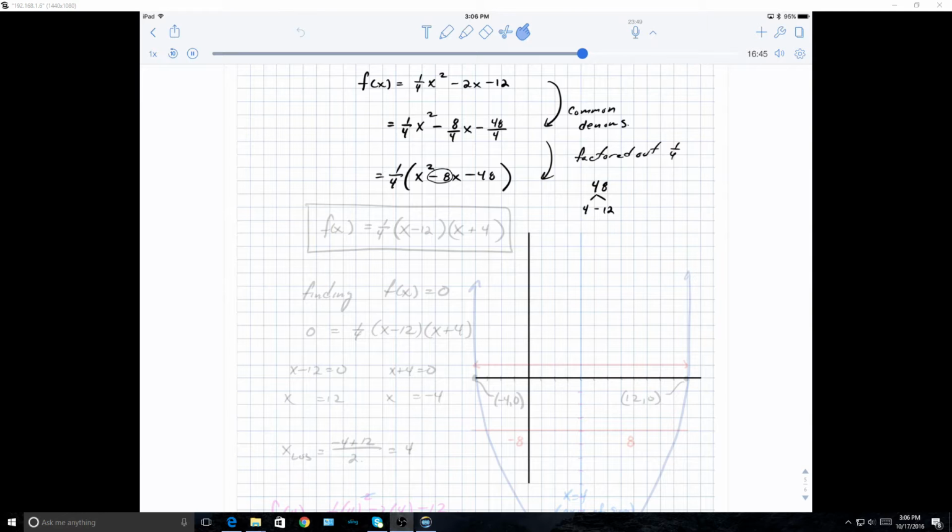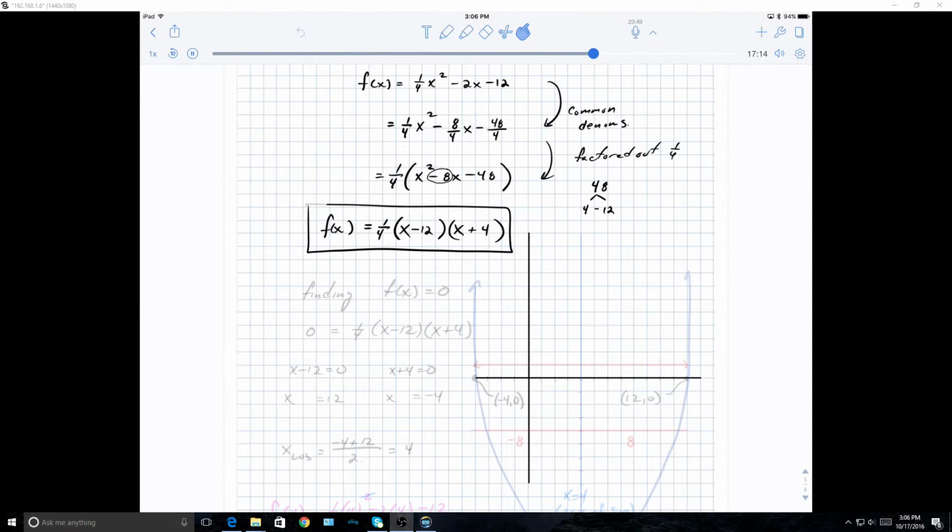So it looks like it is factorable, and it does factor nicely here. So we have 2 factors, both with x. One of them has to be a minus 12, and one of them has to be a plus 4. And if you double check, you can see that it does in fact work out nicely. So f of x is now this beastie right here.